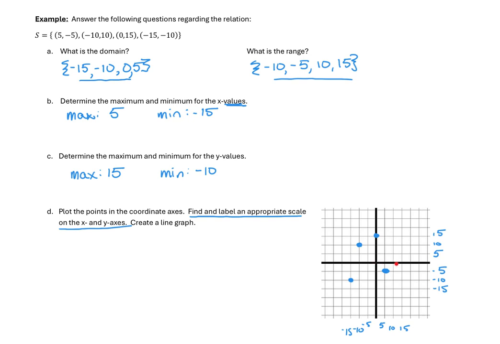You do need to make sure that your scale is consistent. They need to be the same distance apart. So for instance, if you're going to go 3, it has to be 3, 6, 9, 12, 15. And it has to be the same on the other side. As long as your scale on your X's are consistent, they can be different, but the scale on your Y has to be consistent as well.